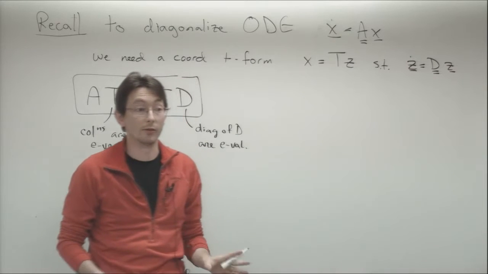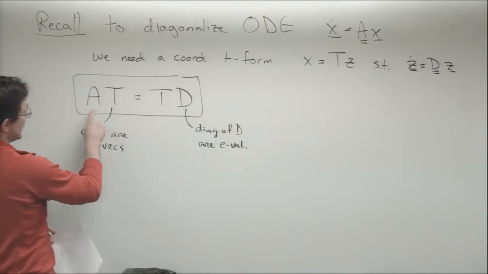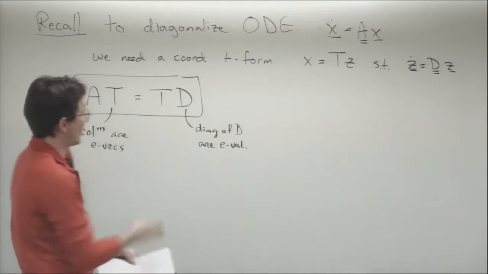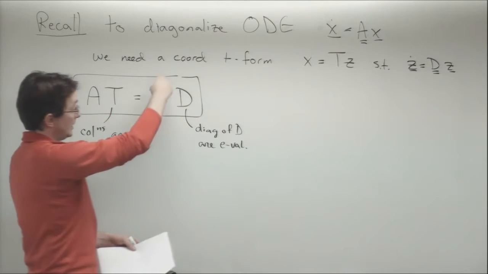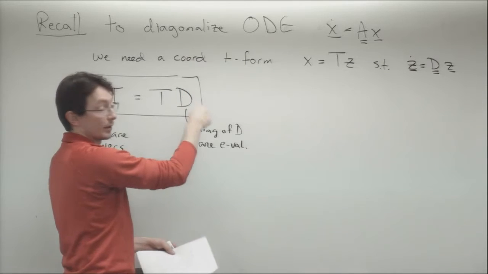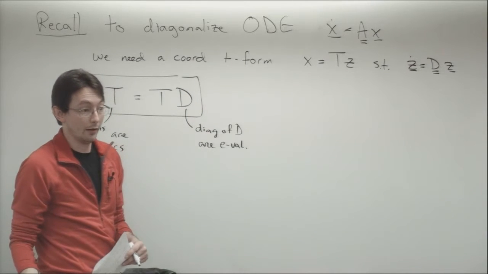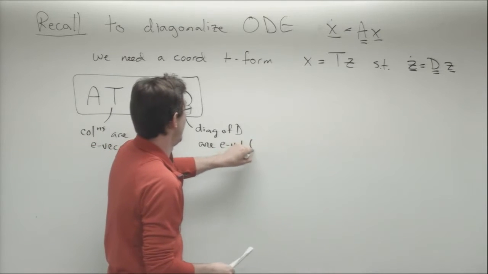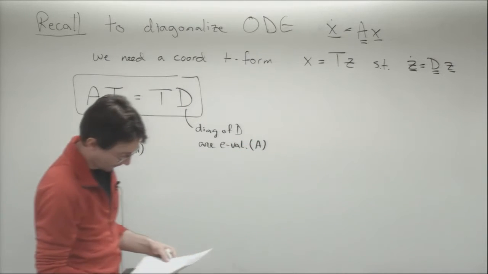This is just review from last time. So this is a kind of matrix form of the eigenvalue eigenvector problem. Columns of T are eigenvectors. D is a diagonal matrix, and the diagonal elements are eigenvalues of A. So these are eigenvectors of A and eigenvalues of A.